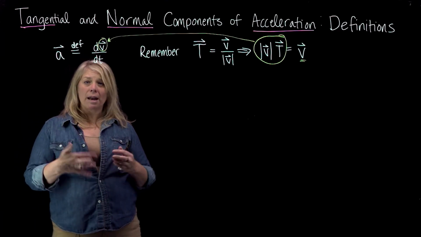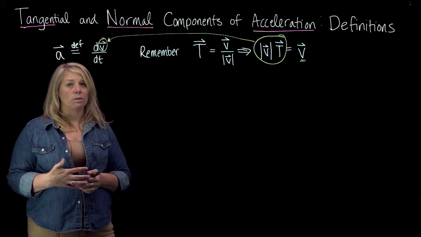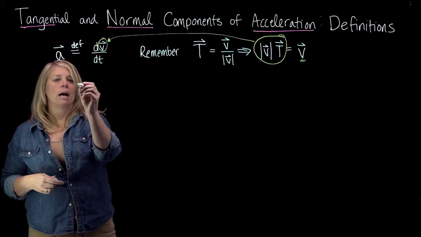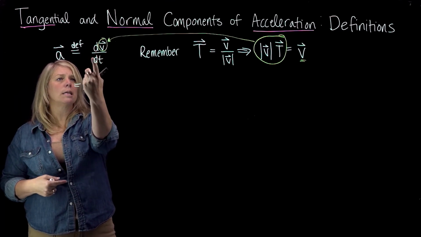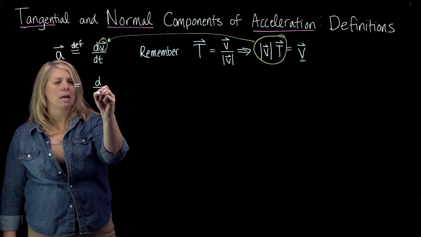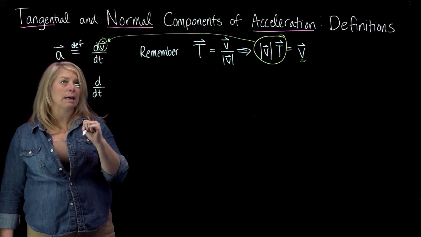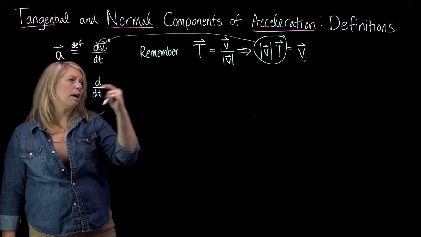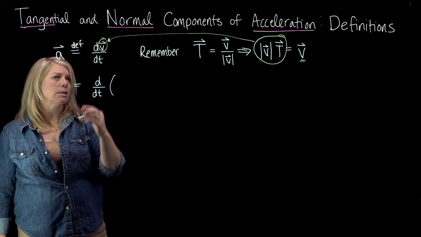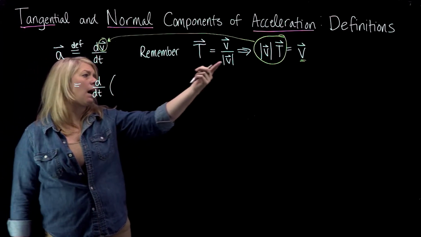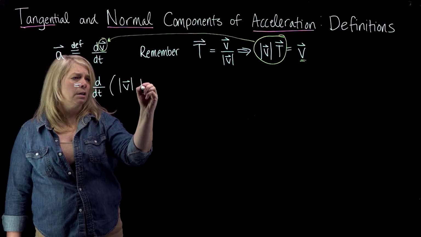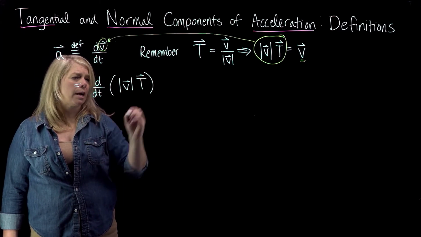Some of that is making sure that you're comfortable with those symbols and that you can hear what they're telling you to do. So here, this d dt is a differential operator. It's telling us to take a derivative with respect to t of this v vector. So we're going to replace the v vector with this expression here. So we've got the derivative with respect to t of the magnitude of the velocity vector times the unit tangent vector.